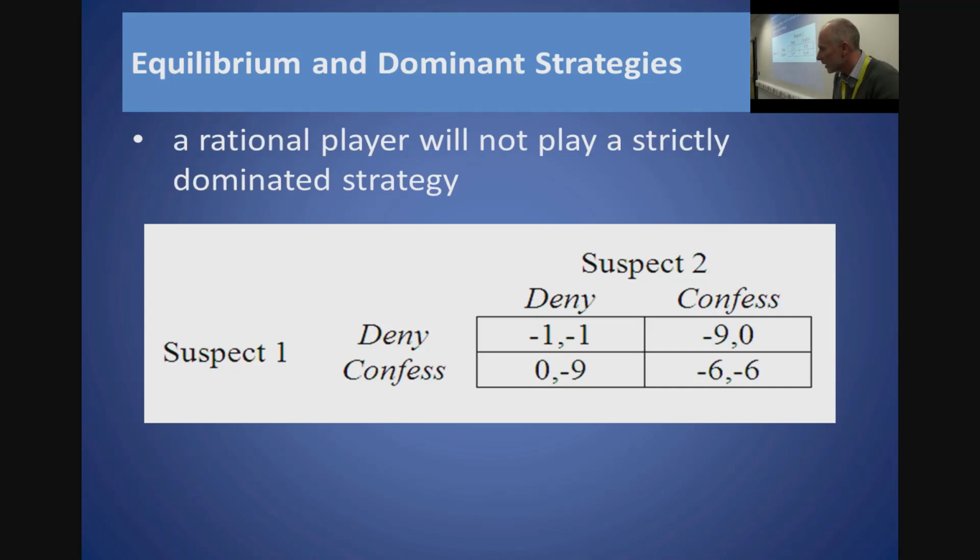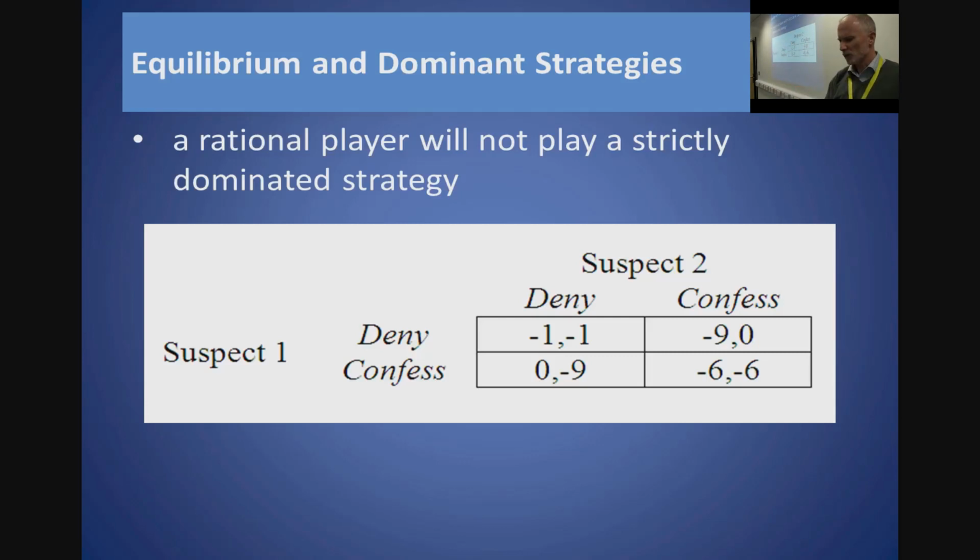A player will never choose a strictly dominated strategy. So there's only two strategies here, to deny or confess. And in this prisoner's dilemma, it's a nice game to start off with because there is a readily identifiable outcome. One of these strategies strictly dominates the other.